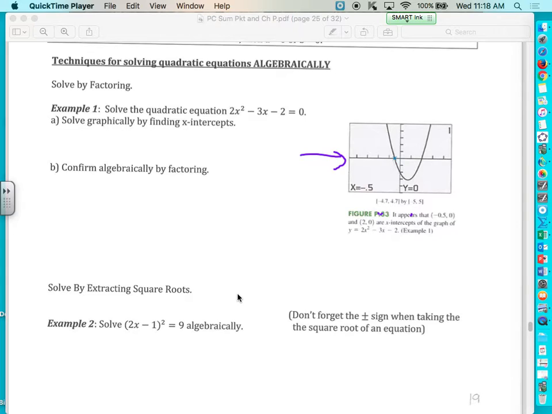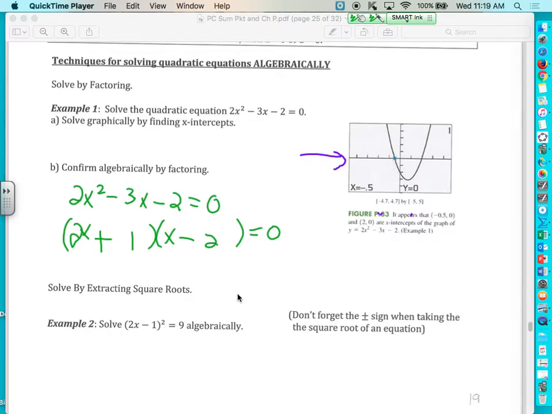You can also solve this by factoring. So if 2x squared minus 3x minus 2 equals 0, and I factor that, it'll factor into 2x and x, and I think a 1 and a 2, with a minus on the 2 and a plus on the 1.